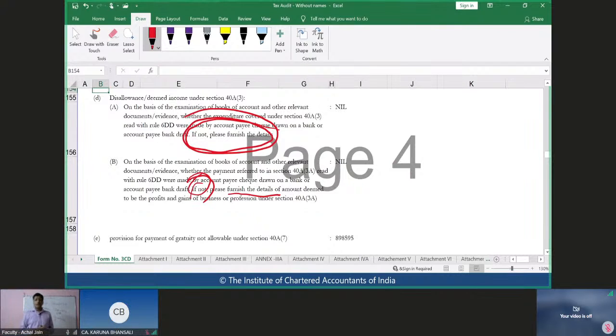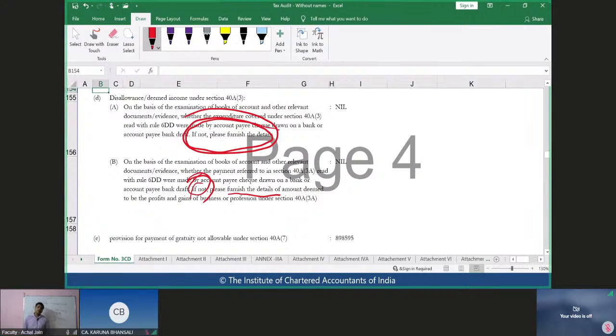For such types of entities, careful scrutiny of the cash book is mandatory. And in the cash book, entries which are exceeding the prescribed limit, say for example 10,000, should be carefully checked by the auditor.